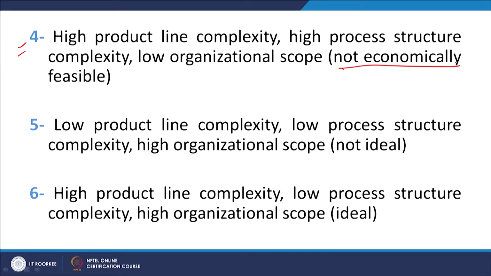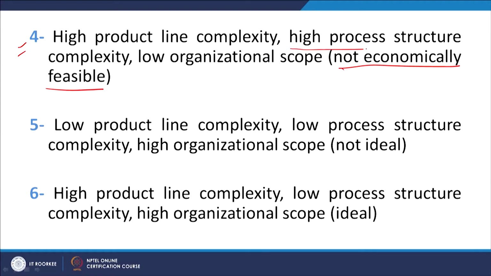That is why we say that this is not economically feasible, that you have a large number of products in your product line, and for all those products you have this high process structure complexity. So, that is economically not feasible. Because of developing the high process structure complexity, you need to do a lot of investment, and that may be the subject matter of discussion in our next session, how it is not economically feasible.